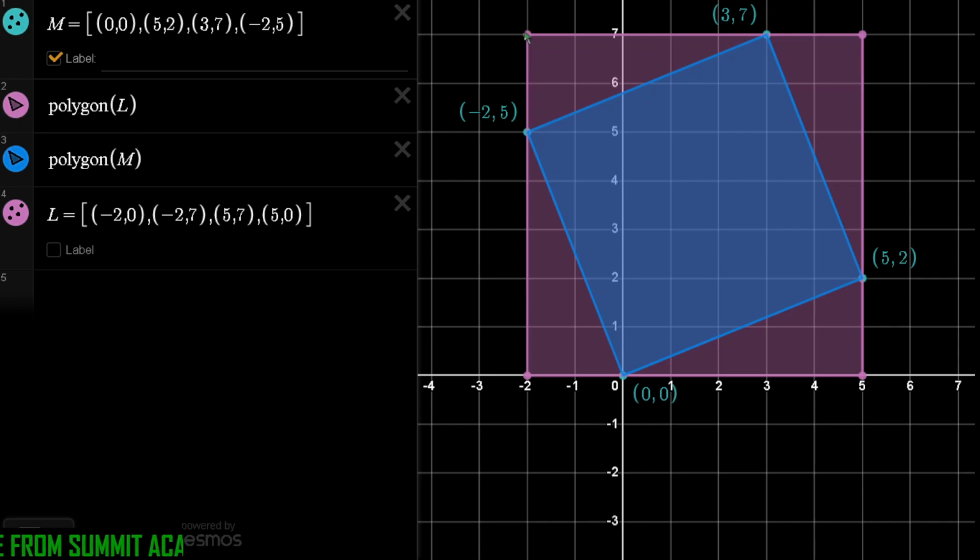And what I can do is find the side lengths of the big square, find the triangles inside, and then take the difference of those two. So let me actually do this real quick. Let me take off those labels and use this tool.